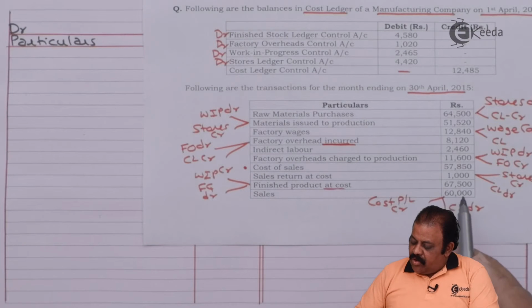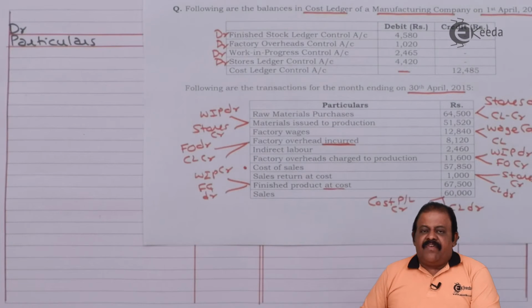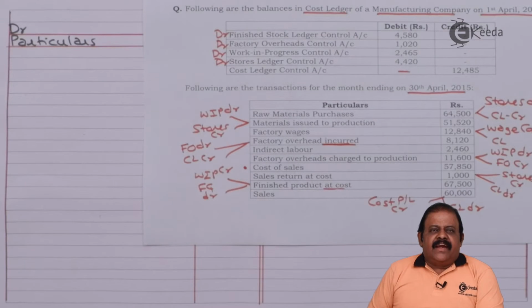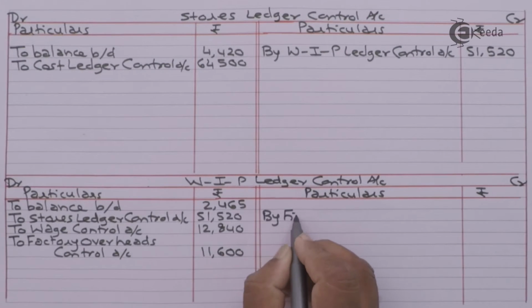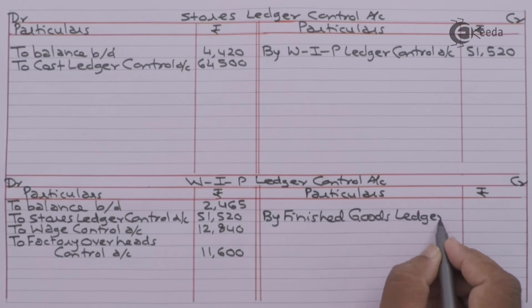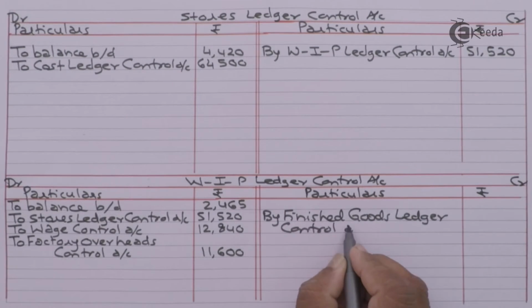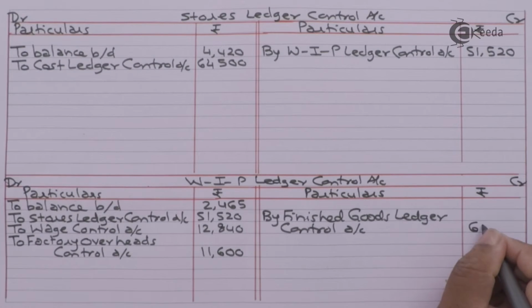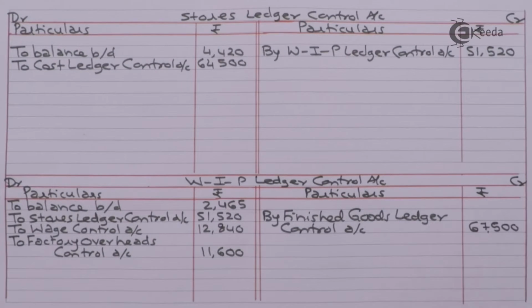Finished product at cost, 67,500. This will be credited to work in progress account. By finished goods ledger control account, 67,500.